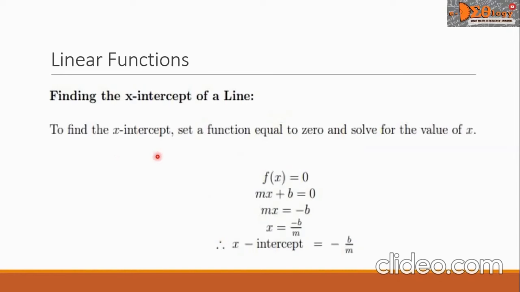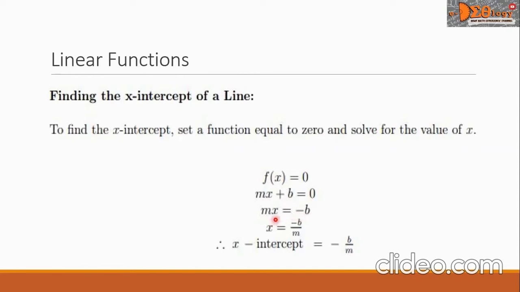To find the x-intercept, we set a function equal to 0 and solve for the value of x. So, given f of x equals 0, we can have mx plus b equals 0, and this positive b is transposed on the right. The sign is changed, so we have mx equals negative b.